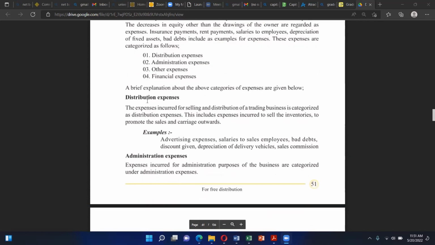Then write it down. Topic, distribution expenses: expenses incurred for selling and distribution of goods.